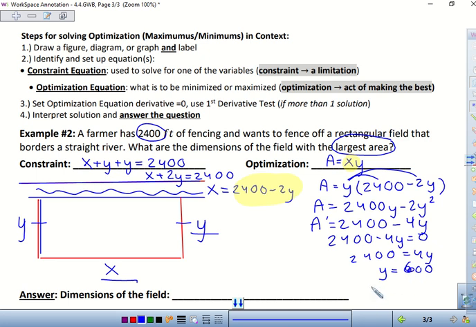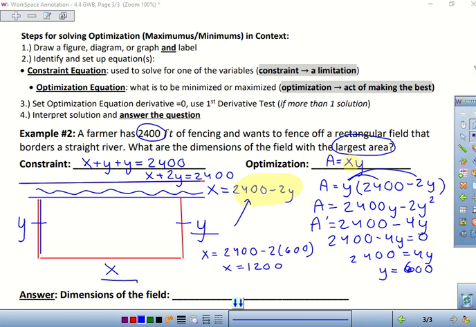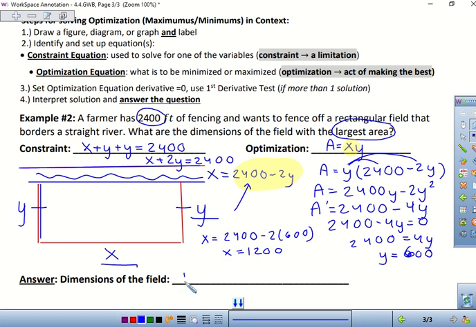So to find the other dimension, I plug it back into this one, right? So that's X equals 1,200. So it doesn't ask for the area, it asks for what? Dimension. So my dimensions would be, it's in feet, so 1,200 feet by 600 feet.